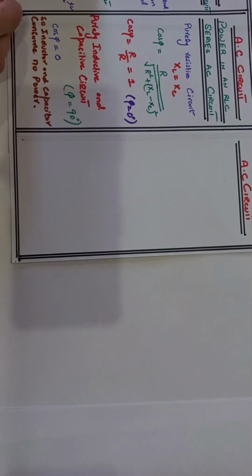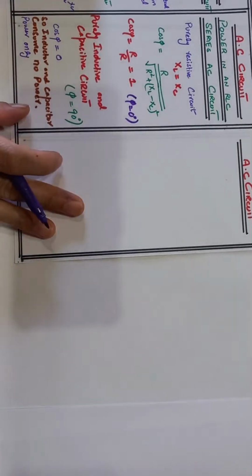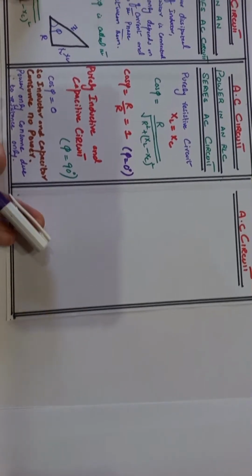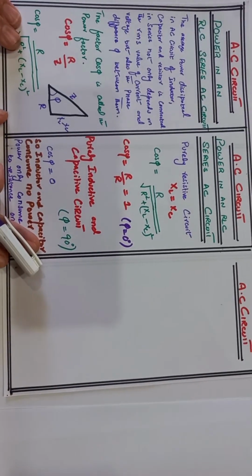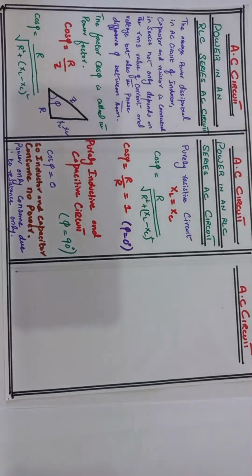Power is consumed only due to resistance. So power in the RL series circuit is only consumed by the resistor. The inductor and capacitor consume no power. So here we discussed the power in an RL series AC circuit.